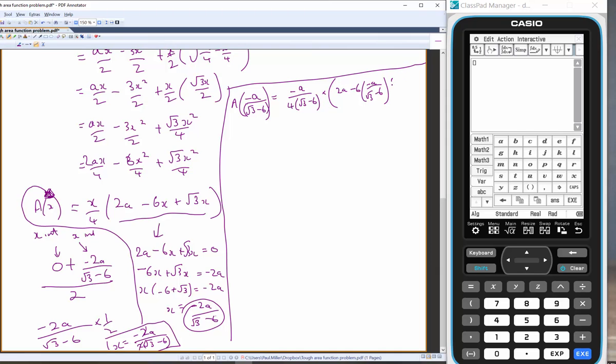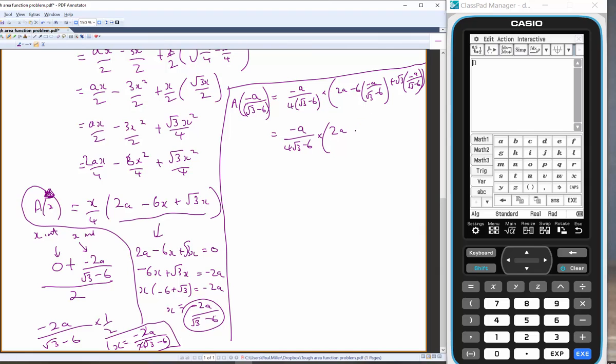All right, where are we? Plus root 3 negative a over root 3 take 6, and close brackets. All right, so it looks pretty nasty, and I don't know how you'd expect at this point to show that, but we know we've got to get there, so we've got to trust that we've done this correctly. So I'm going to go negative a over 4 root 3 take 6 multiplied by 2a.